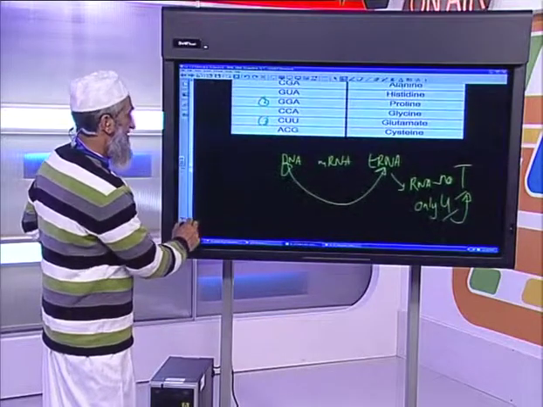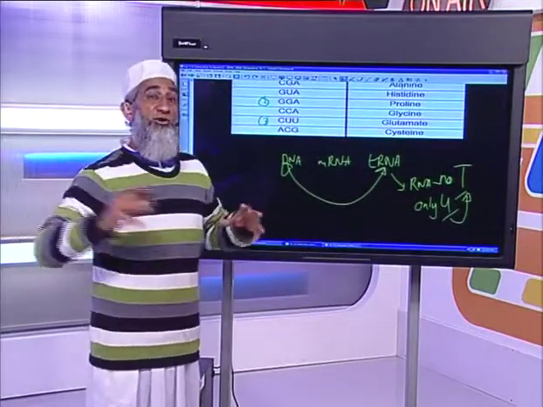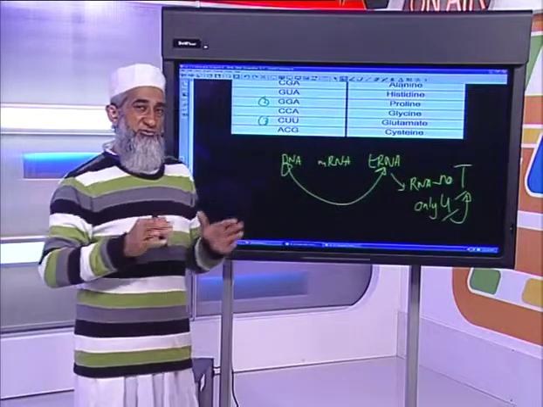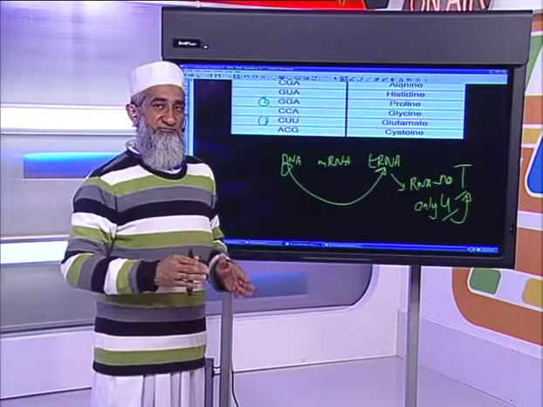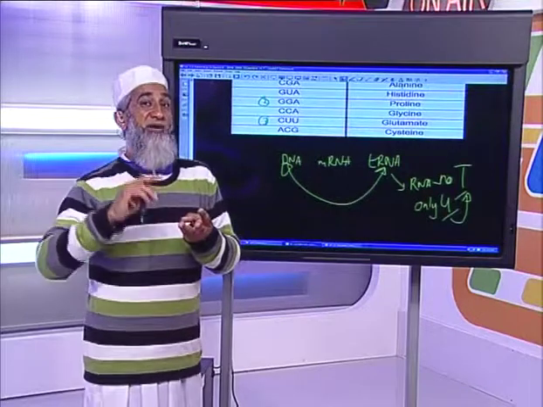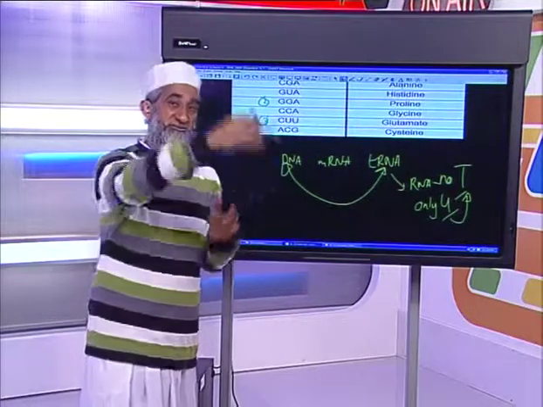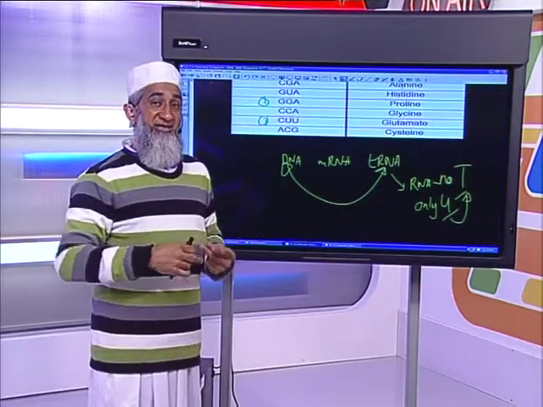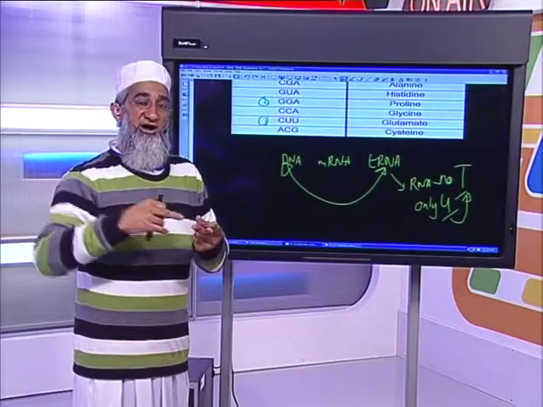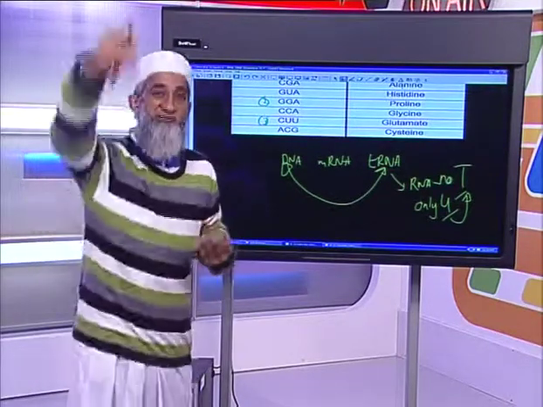So please look at all the thinking processes that we had to follow. First of all, we know that DNA is the template. Secondly, we know that messenger RNA would be the opposite of the DNA. Thirdly, we know that transfer RNA has to be the opposite of the messenger RNA.